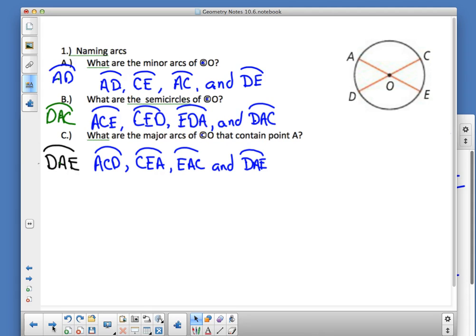We okay? Is it making sense? What makes a minor arc, a semicircle, and a major arc?